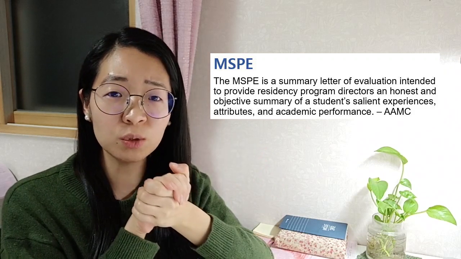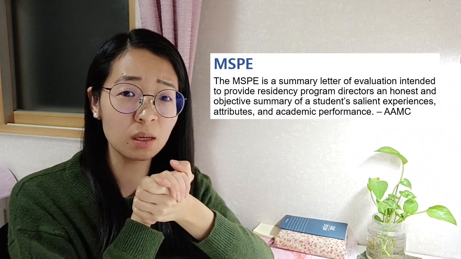You'll need this document for a residency application, so you don't need it already when you're taking the Step 1 exam, but you can request it as early as when you're requesting your diploma, so that your med school can be well prepared when you're applying for your residency.